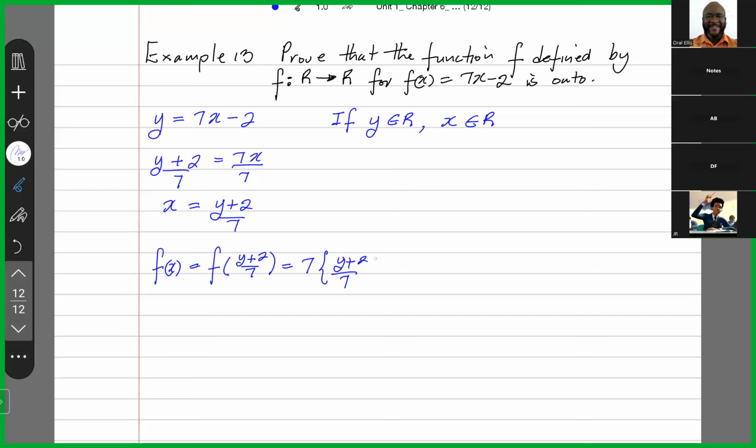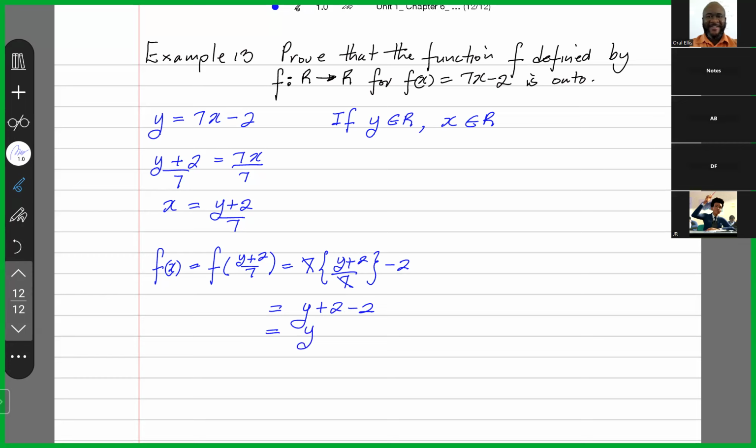The 7 cancels 7. So I'm going to end up with y plus 2 minus 2. 2 minus 2 is 0. So I'm going to end up with Y.